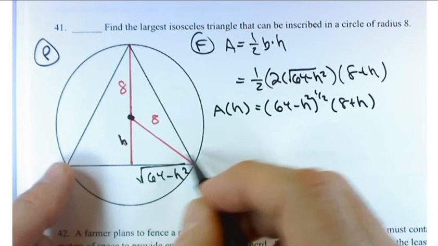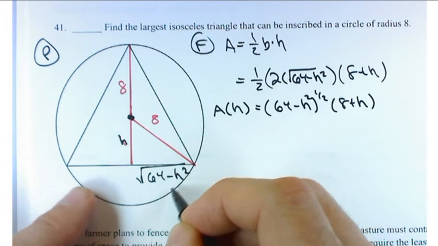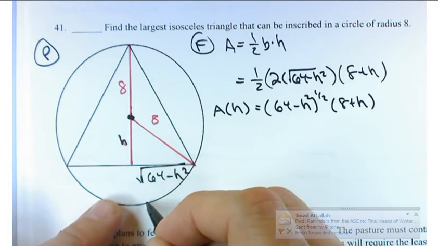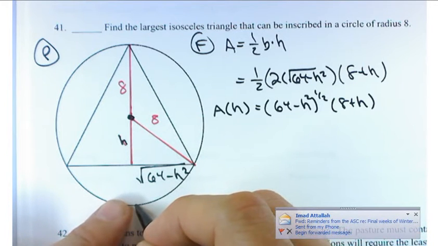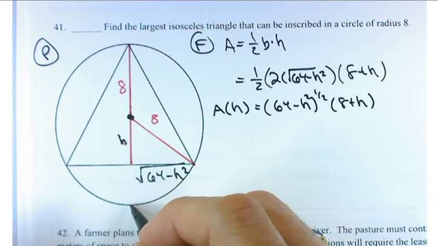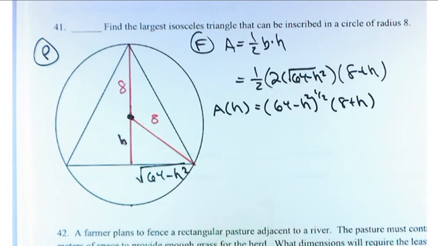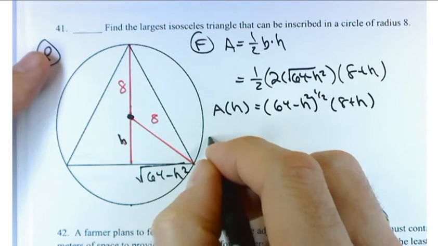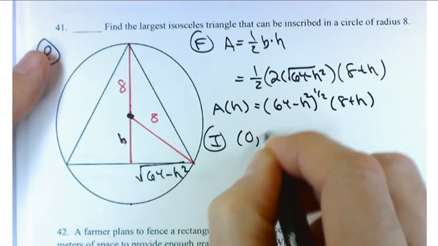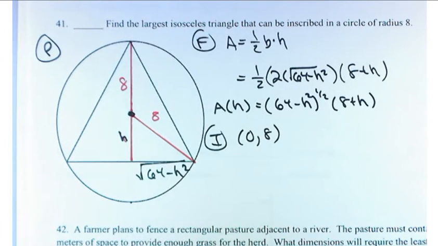Because if I make h closer and closer to 8, this triangle is going to get smaller and smaller and skinnier, even though it gets taller. And eventually, at h equal 8, you're going to have a straight line. You're not going to have any width left to your triangle. So our interval is 0 to 8. Picture, function, interval. What comes next?